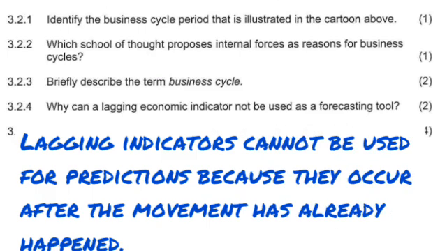So we say lagging indicators cannot be used for predictions because they occur after the movement has already happened. Basically the question was asking, why can we not use lagging indicators to predict the future? We can't, because lagging indicators only show up after the effect of the cycle has already happened. So what we need is leading indicators instead of lagging indicators there.